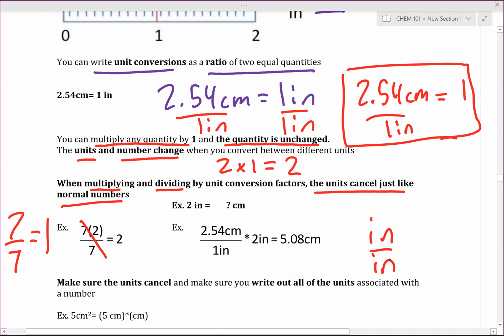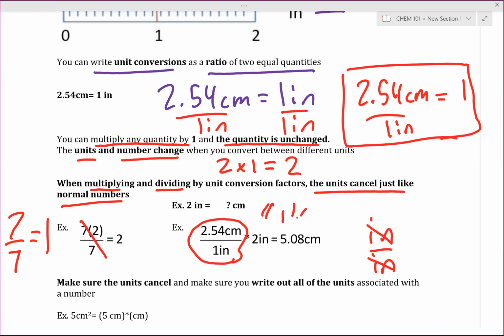Do they also cancel? Yes, the units cancel just like normal numbers. So our goal in unit conversions is to cancel out our starting undesired units and retain our desired ending units. And to do this, we multiply by what is known as a conversion factor, which is essentially a fancy way of writing 1. Does that make sense?